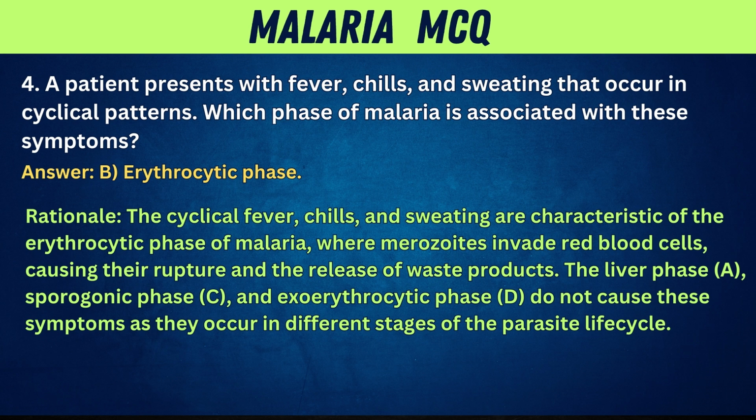Rationale: the cyclical fever, chills, and sweating are characteristic of the erythrocytic phase of malaria, where merozoites invade red blood cells, causing their rupture and the release of waste products. The liver phase, A, sporogonic phase, C, and exoerythrocytic phase, D, do not cause these symptoms as they occur in different stages of the parasite life cycle.